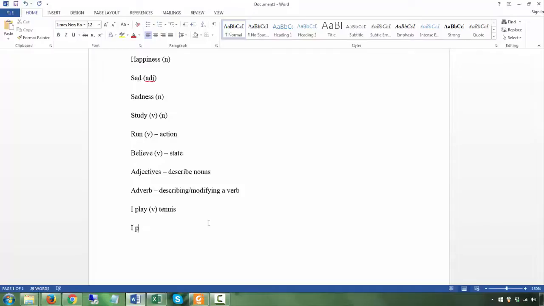You can also say I play tennis well. Now this is an adverb describing, what does it describe, or what does it modify? It tells you how you do the action. So this adverb describes this verb. So one of the definitions of adverbs is to describe or to modify a verb.